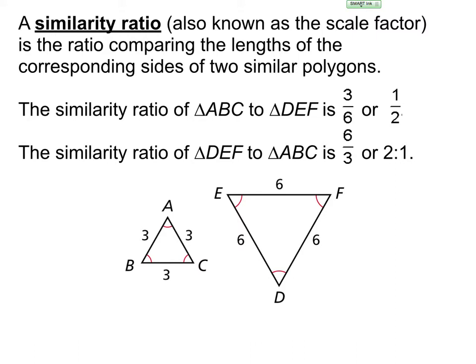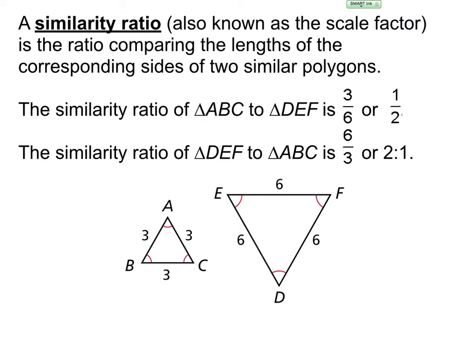We'll interpret it more as a scale factor when we look at the second part of today's lesson, dilations. But the similarity ratio is the ratio comparing the lengths of the corresponding sides of two similar polygons.